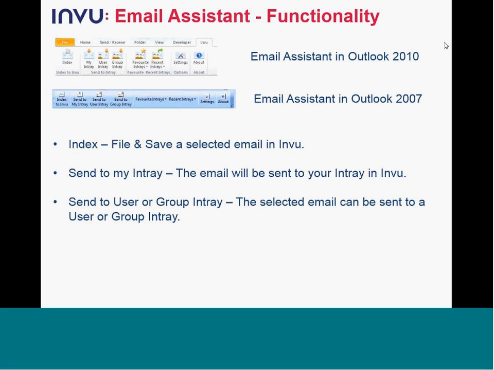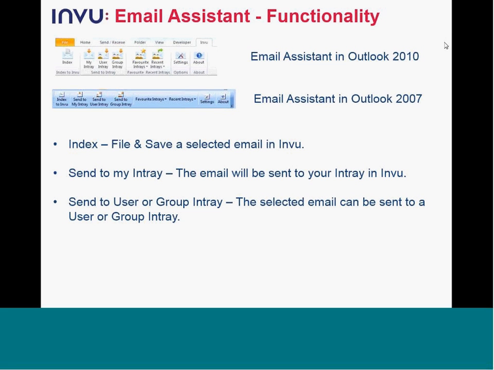Favorite in trays and recent in trays, I guess they kind of speak for themselves. With favorite in trays, if you find yourself sending emails to certain people in the business very, very often, you can add them to your favorites, so that they just appear in the drop-down, within just a couple of clicks of the mouse.